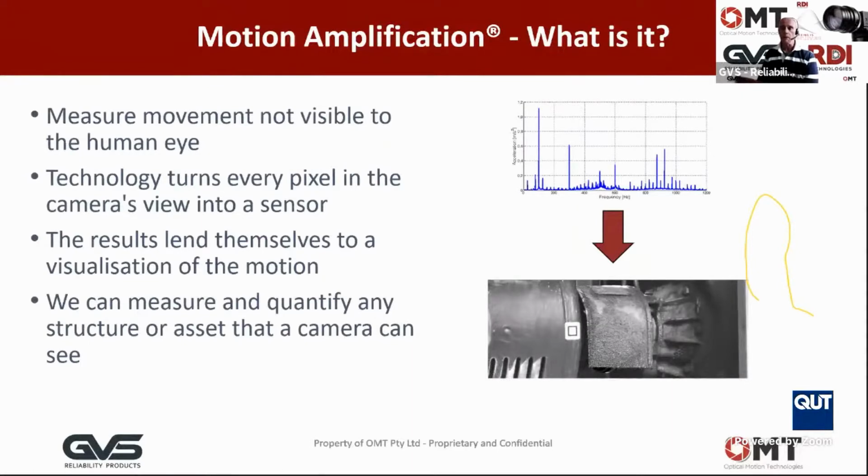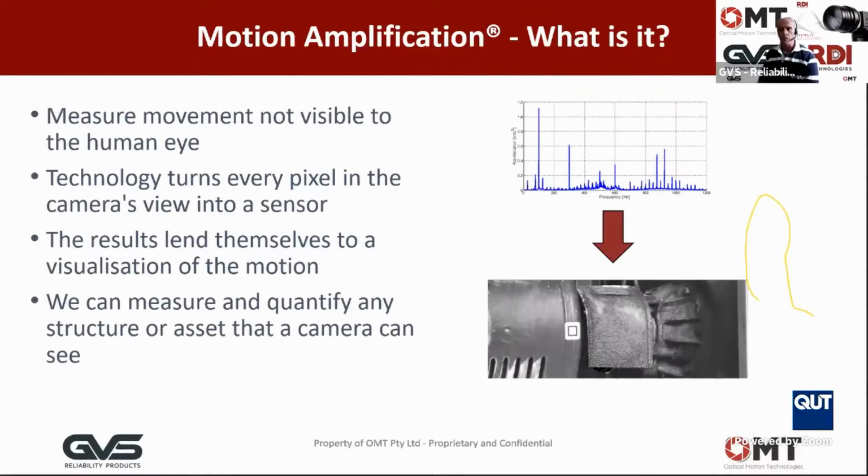Basically, the way it works is we're really turning every pixel that we're capturing in the video footage into a sensor, so we can extract some meaningful information from every single one of those pixels in the image.